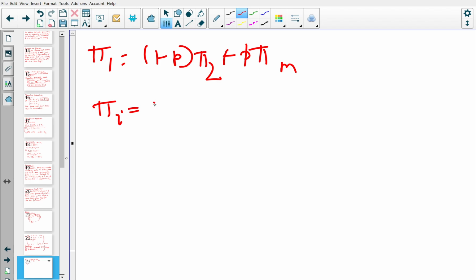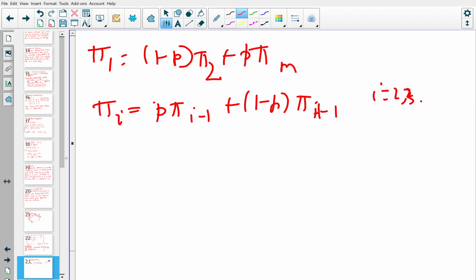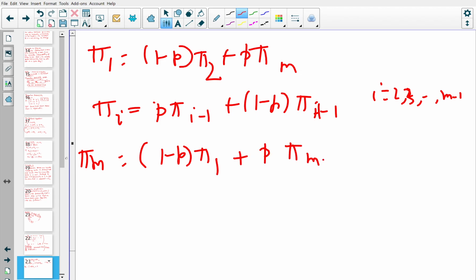So pi i equals p times pi i minus 1 plus 1 minus p times pi i plus 1, and this is true for i equal to 2, 3, up to m minus 1. But for the last one, pi m, what happens? It can go to either m minus 1 or to 1, right? So pi 1 with probability p and pi m minus 1 with probability 1 minus p.